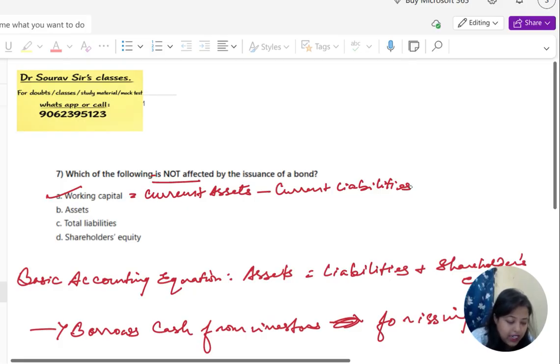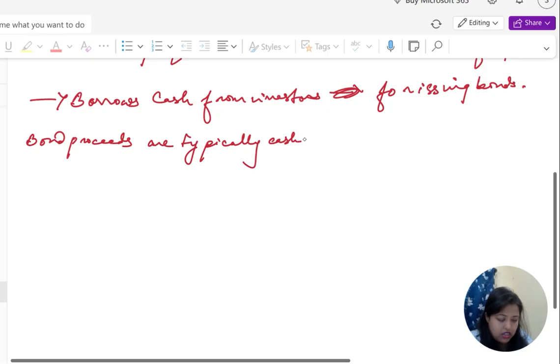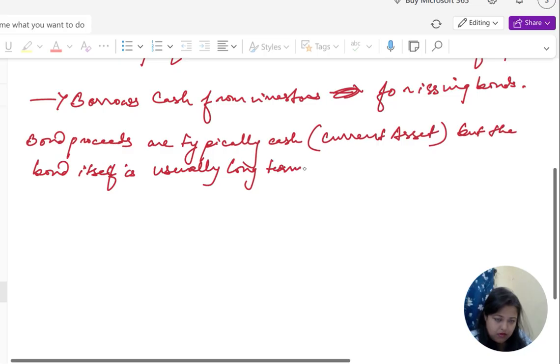Bond proceeds are typically cash, that is a current asset, but the bond itself is usually a long term liability.